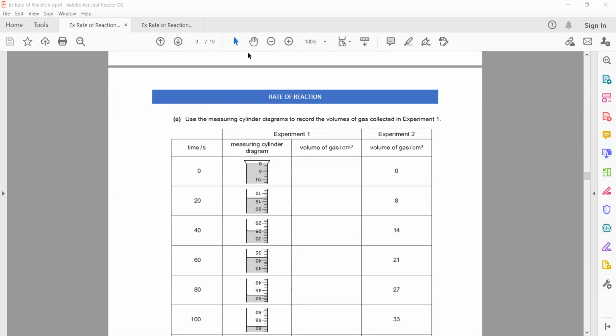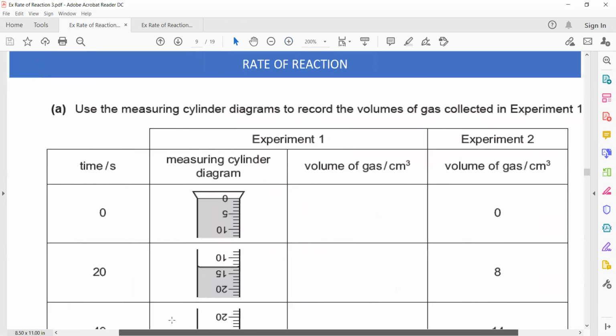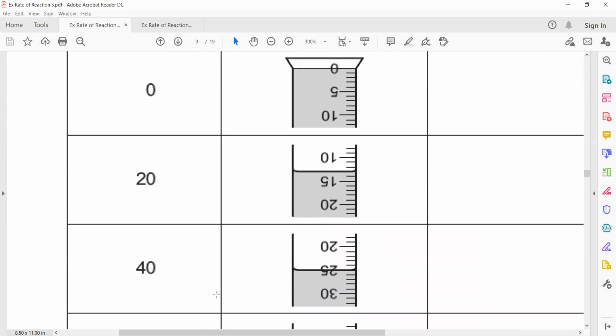So what is the volume of the gas in the beginning? You have to just read these measuring cylinders and find the volume of the gas. What is the volume of the gas in experiment 1? 0. What is the volume of the gas in experiment 1 after 20 seconds? 13.